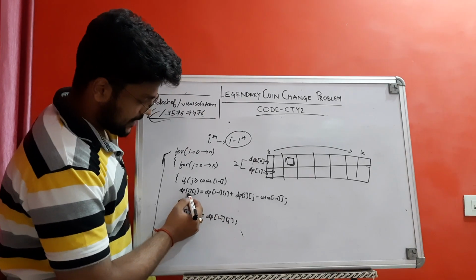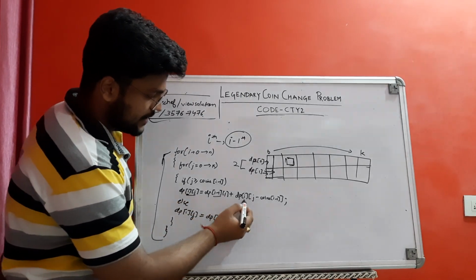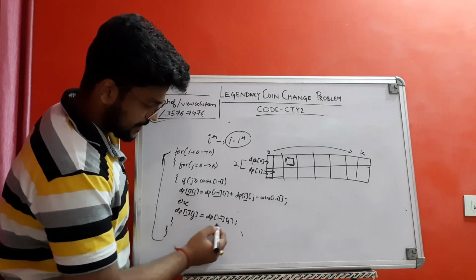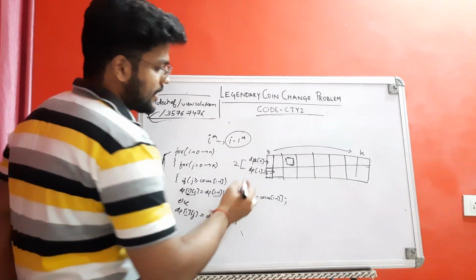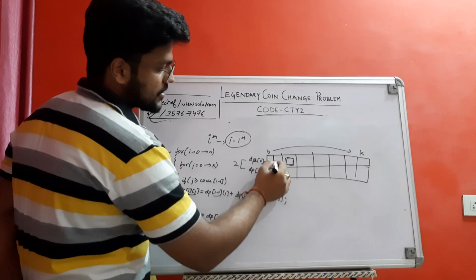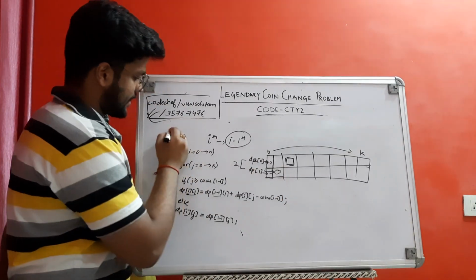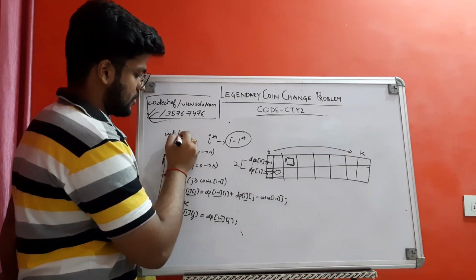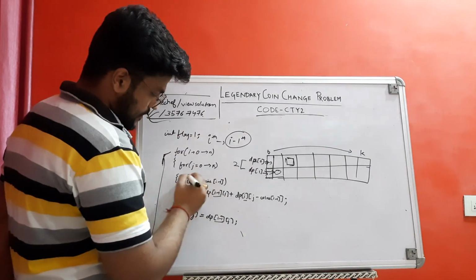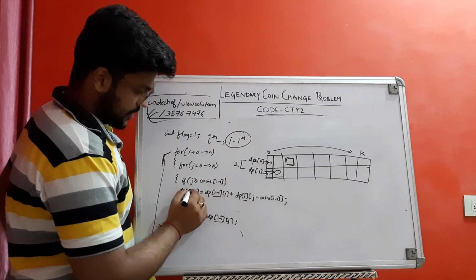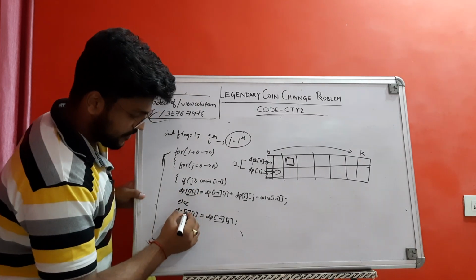So what I'm doing, for ith I need (i minus 1). I can fill this value by using this array. So let's maintain an integer flag equal to 1.